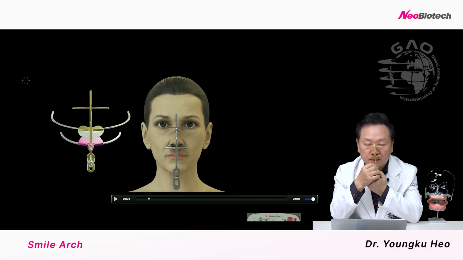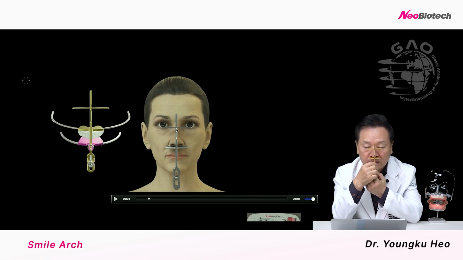When you approach this to the patient, we can see the difference from the standard to the patient. For me, the standard A point exactly matches my interpupillary line here.